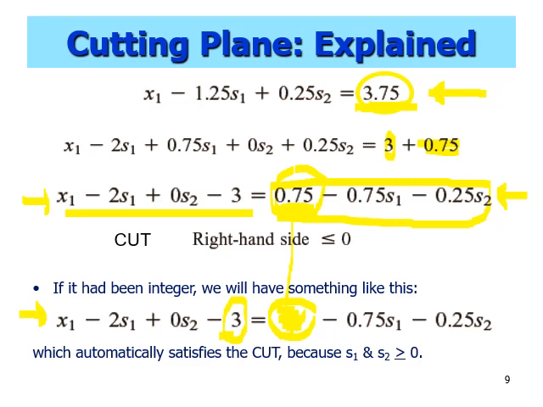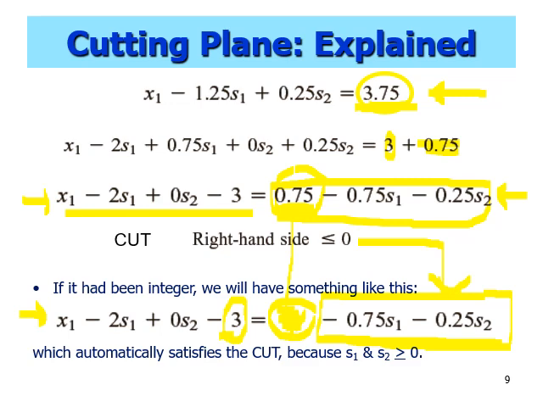And then when you apply this constraint, saying that this entire right-hand side must be less than or equal to 0, this will be automatically satisfied. Why? Because S1 and S2 both must be larger than or equal to 0. So this right-hand side always satisfies this cut constraint.